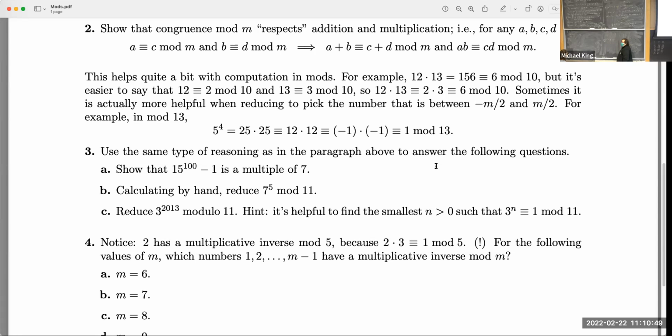You can actually reduce the 15 mod 7. What's 15 reduced to mod 7? It's 1. So this is the same thing as 1 to the 100th minus 1 mod 7, which is 0. So just shift by 7s. If you subtract 7s, 15 minus 7 is 8, and 8 minus 7 is 1, or if you divide 15 by 7, the remainder is 1. So the number will always be less than the mod number when you reduce.